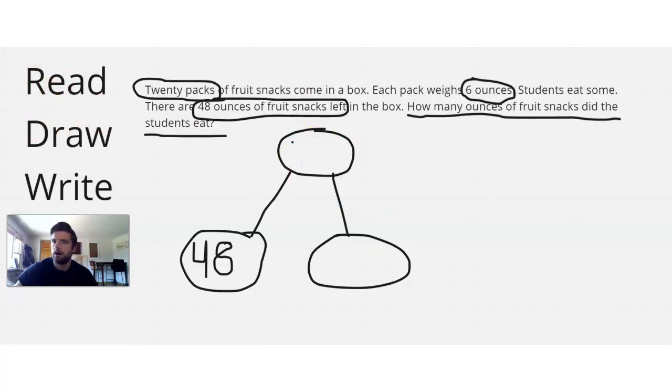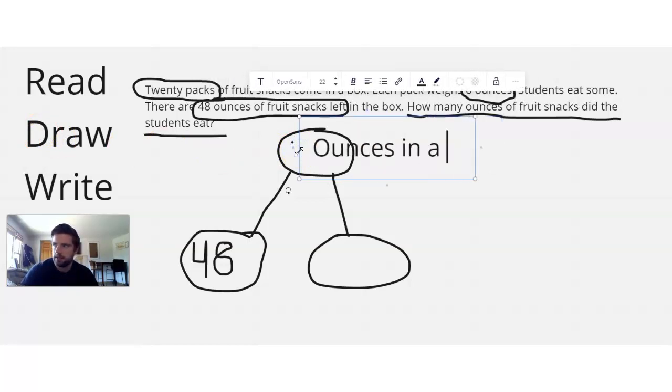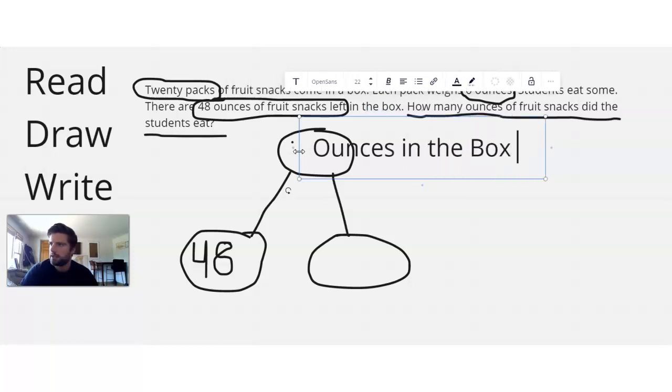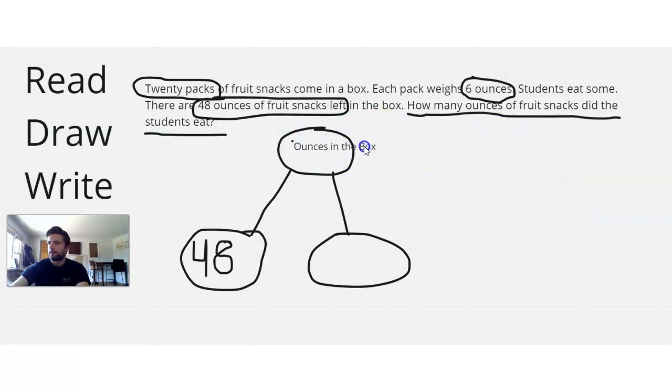So we're going to call that top number ounces in the box. This is going to be the big number of ounces that the box weighs to start with before the students started eating all of it. So the total ounces in a box are going to go right there in that top number bond.